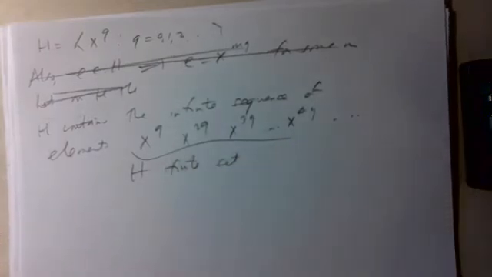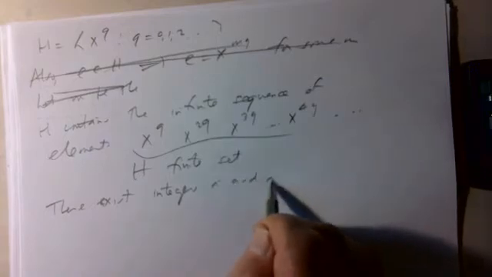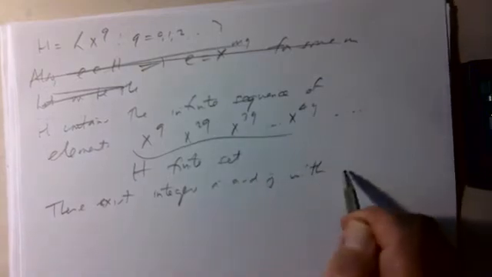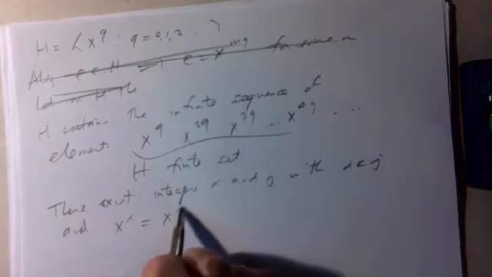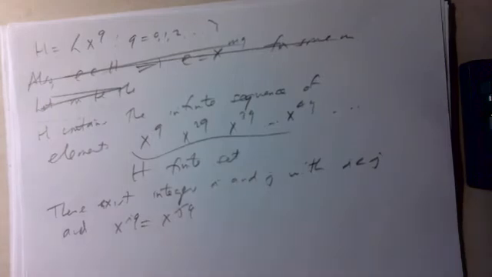So this infinite sequence of elements, they can't all be different. So there exist integers i and j with i less than j, and x to the iq equals x to the jq.